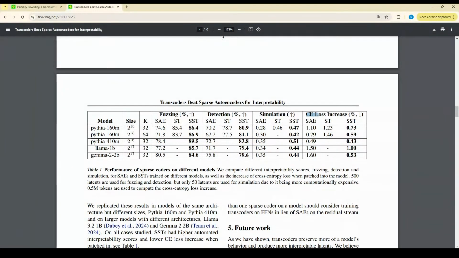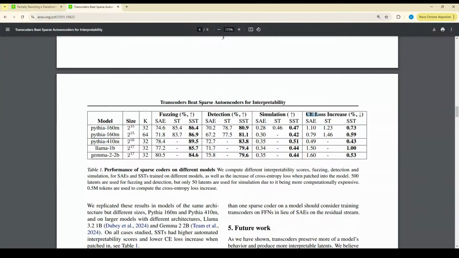So it definitely is something, at least, and this is kind of what we are arguing in this article, that if you're training SAEs on the MLP, you should probably train transcoders instead of SAEs.